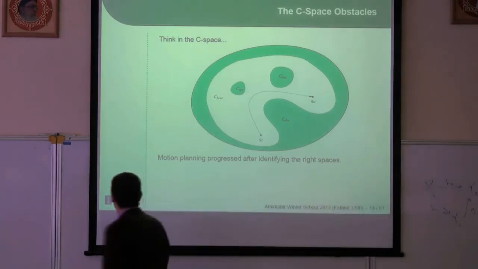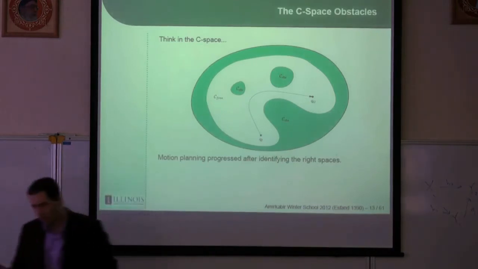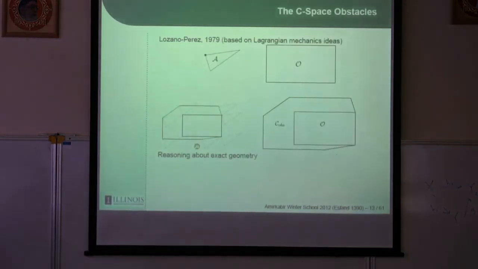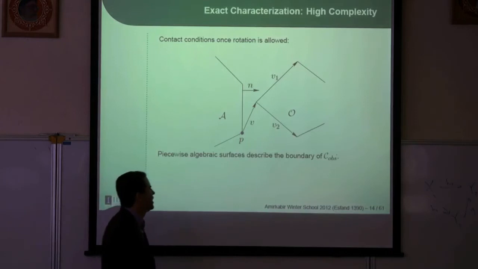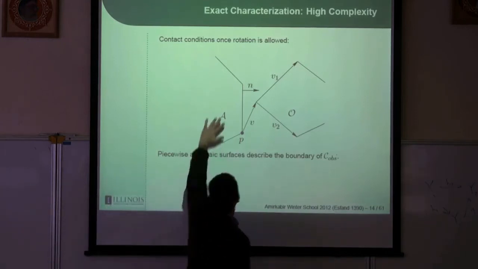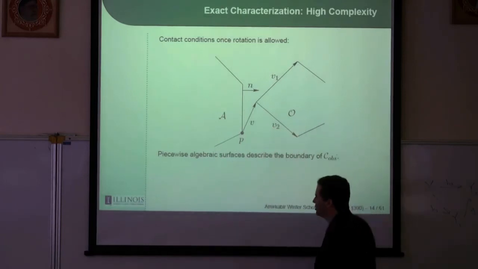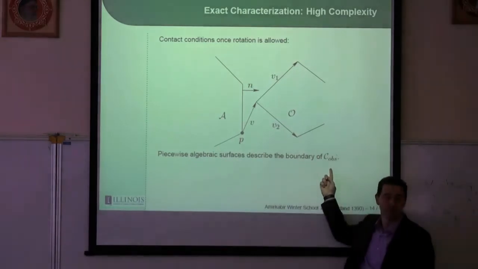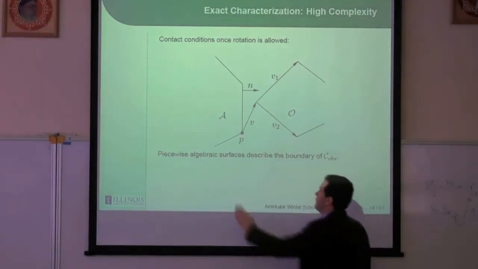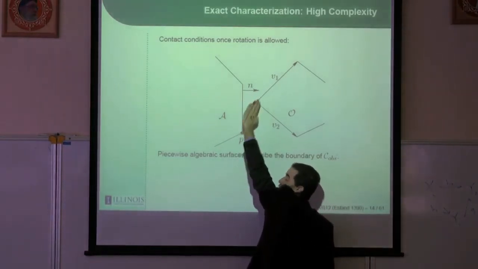However, we get into trouble because if I want to represent this region here where the obstacles are, well, it was easy for this case, nice Minkowski sum. If you now allow rotation, you have a bunch of constraints like this. So even if I have a robot, let's say the robot here can rotate or translate and have an obstacle here, let's think about what kind of surfaces I get for the boundary of this. I want to represent that somehow. Well, if I bring this really close here, I can slide it up and down, or I can wiggle it back and forth, right?